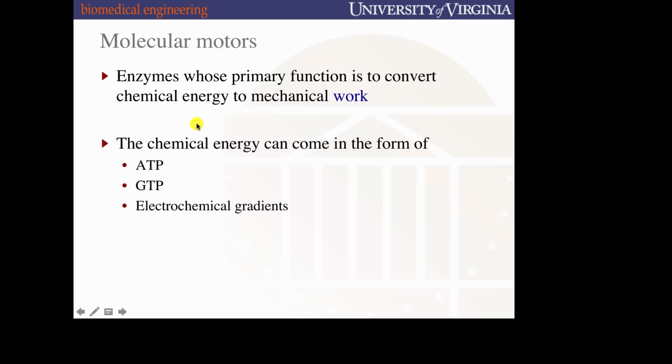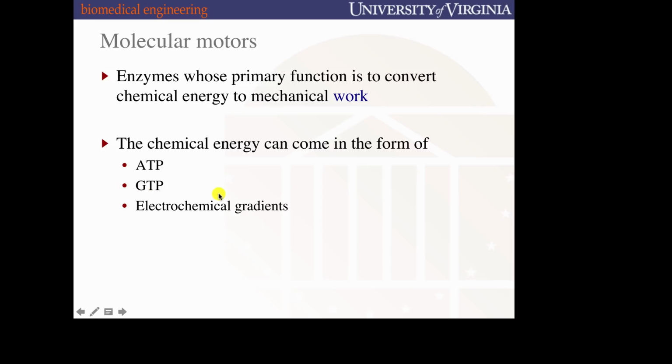The chemical energy that we're going to use in biology comes from 3 different molecular species. The first is adenosine triphosphate. We've talked a bit about that. Guanine triphosphate, so ATP and GTP. And remember, the hydrolysis of one of those inorganic phosphate groups from ATP to ADP plus inorganic phosphate, or GTP to GDP plus inorganic phosphate, the breaking of that bond relieves energy.